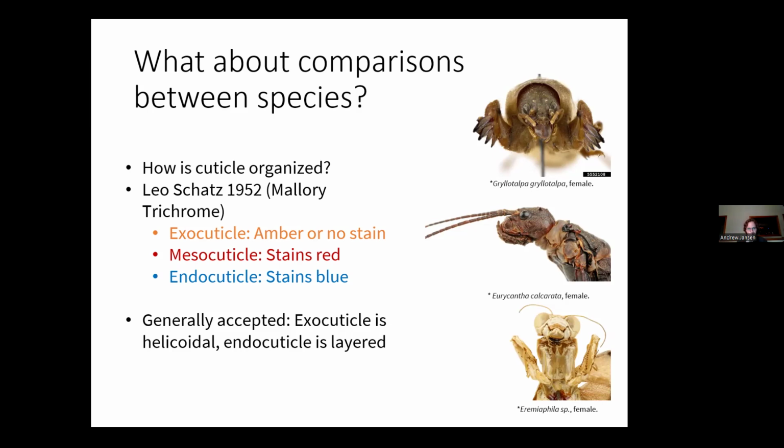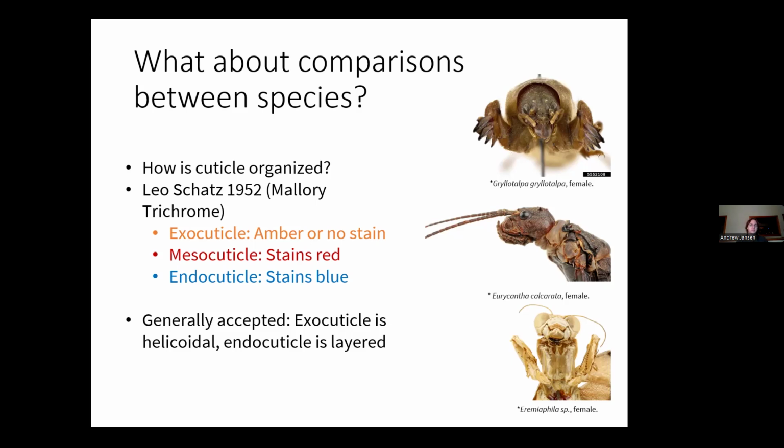So traditionally, the way that the different parts of the cuticle are delineated is through histology, through staining. The method that gets used nowadays when people do this is based on a protocol from Leo Schatz in 1952. This is a modification of a Roberts 1950 protocol where he added something for what's called mesocuticle.